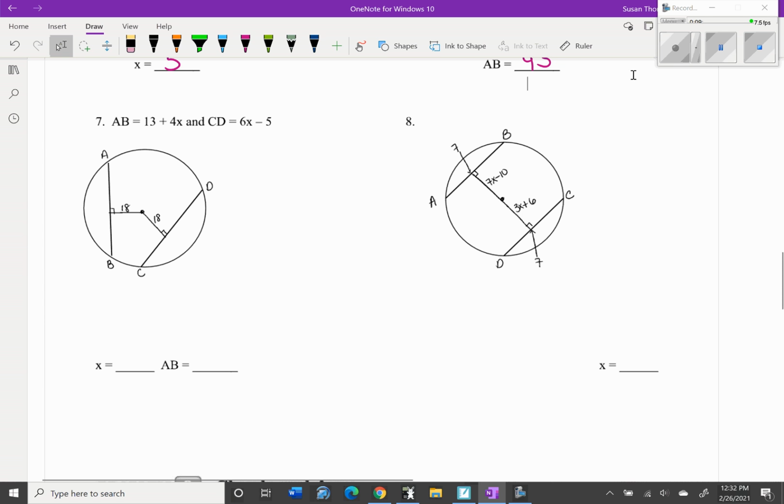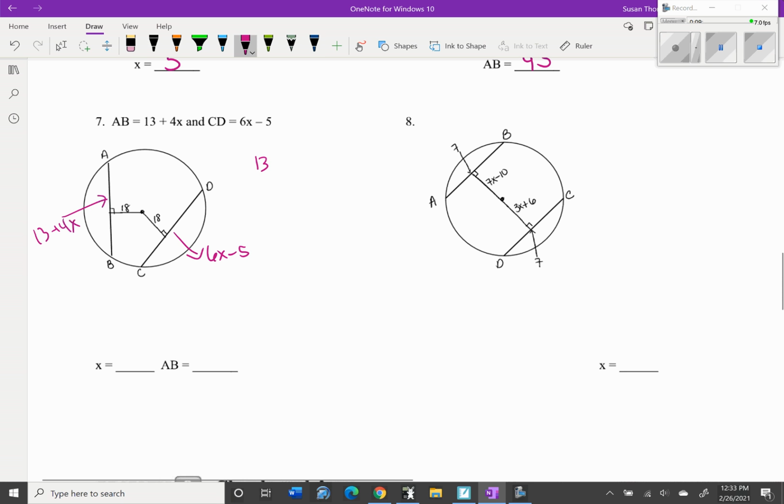Looking at the next one, we have to find X, and it gives us that AB is 13 plus 4x, and CD is 6x minus 5. So that means those have to be congruent.